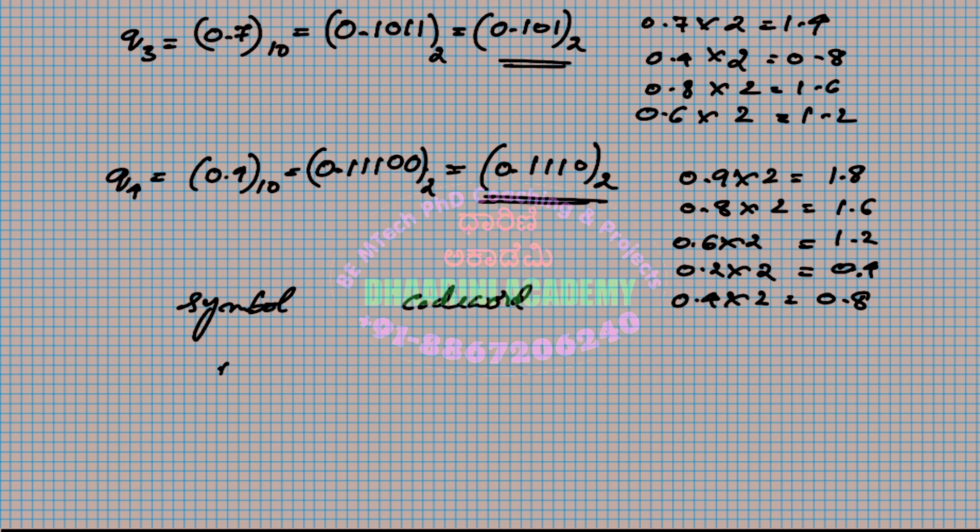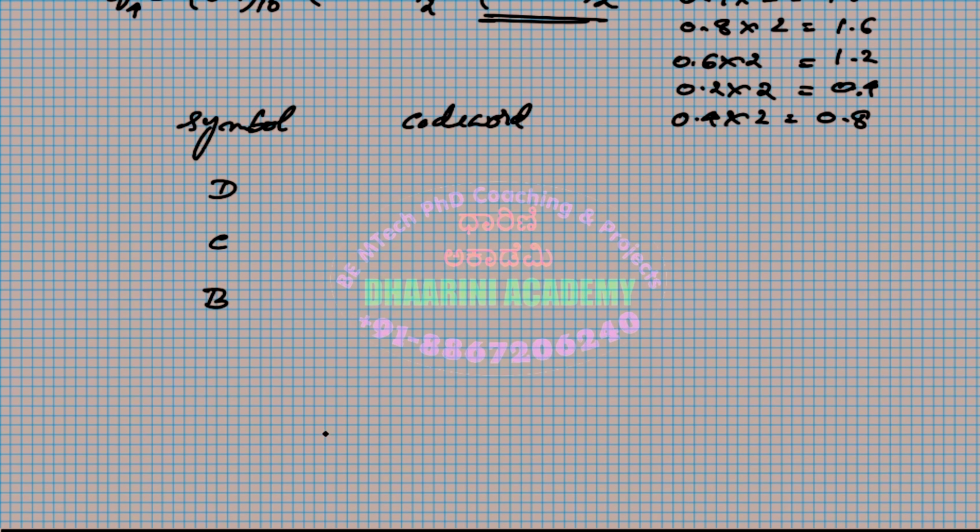I have D, then C, then D, then A. The corresponding code word of length 4, so 1110. Oh, sorry, this is for A, because that is the last code word.